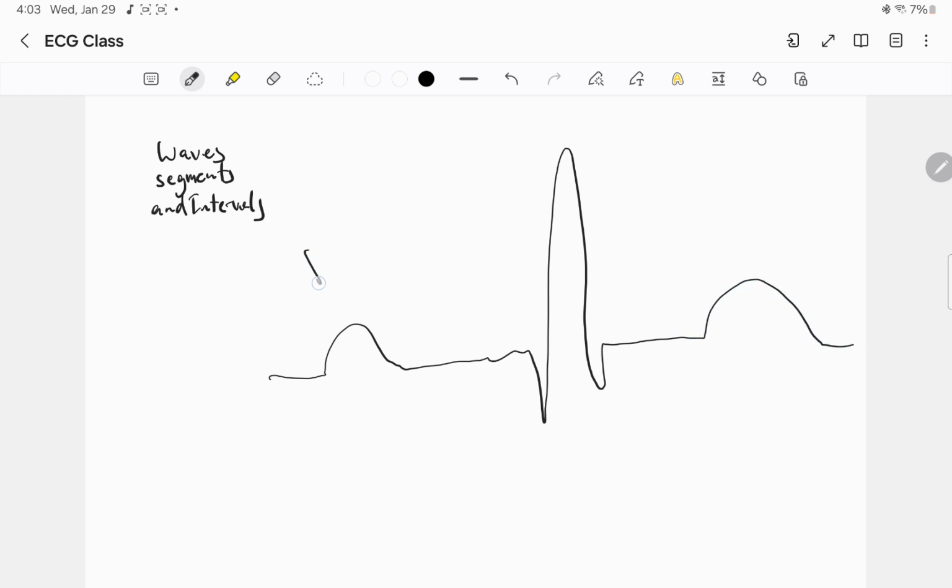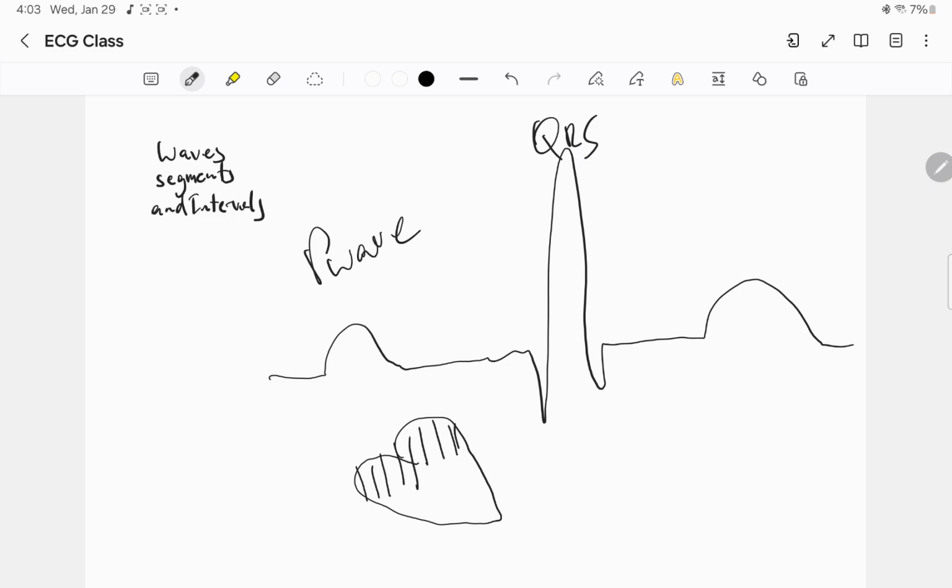So the P wave, so let's talk about the waves first. P wave represents atrial depolarization, right? So let's draw a little heart. So the P wave represents depolarization of here. As you can see, atrial repolarization is not well represented on the ECG. Then the QRS represents ventricular depolarization, right?